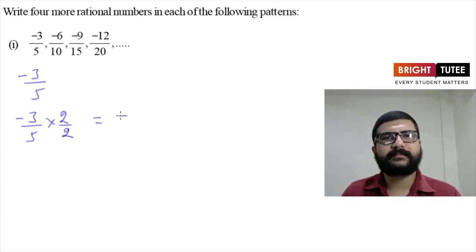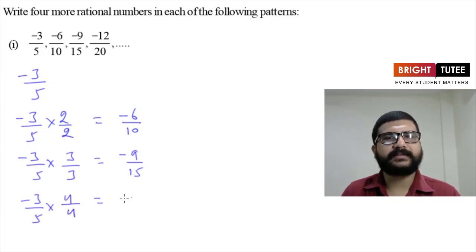This gives us minus 6 upon 10. And what is the third number? It is minus 3 upon 5 into 3 upon 3. This will give us minus 9 upon 15. Similarly, the fourth number is minus 3 upon 5 into 4 upon 4. Now this gives us minus 12 upon 20.